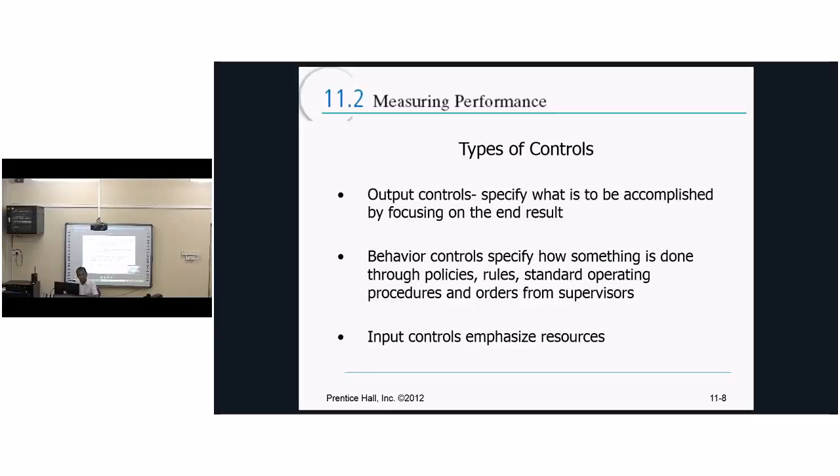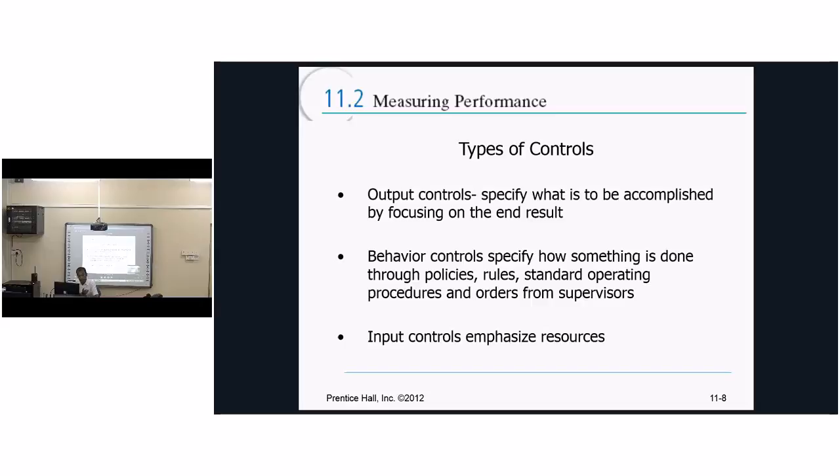You measure the rejects. You measure the percentage of rejects at the end of the period. Sometimes it's difficult to measure things in advance. So that's why you measure things at the output level after it has taken place and then take corrective actions.